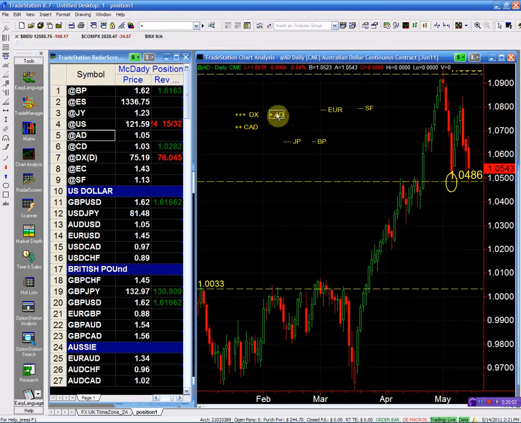The weakest or the most recent sell signal is in the yen, so I'll be looking at selling the yen. And you might be looking at taking maybe the pound Aussie if it breaks, and the pound Swiss. Okay, so let me stop the recording and we go to the individual pairs.